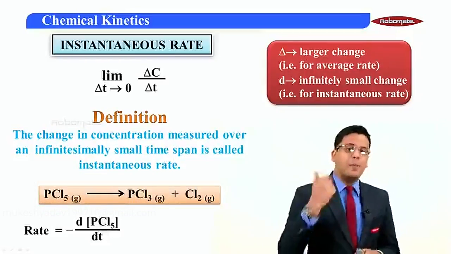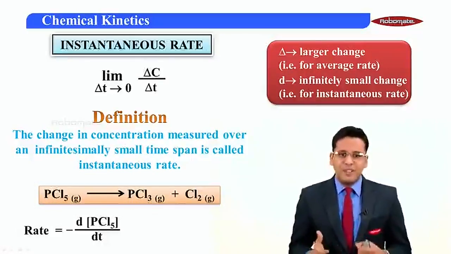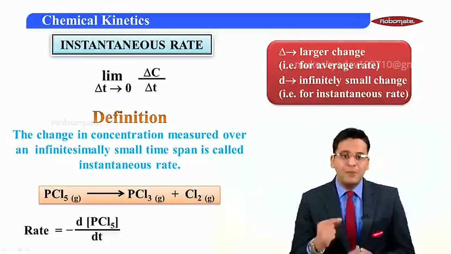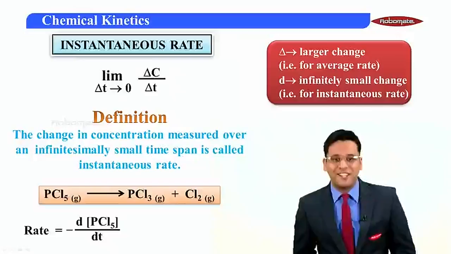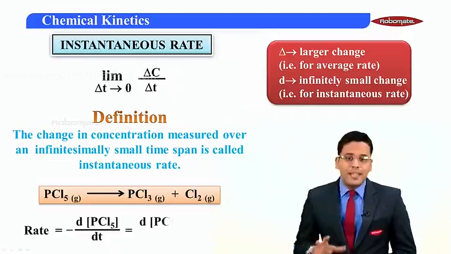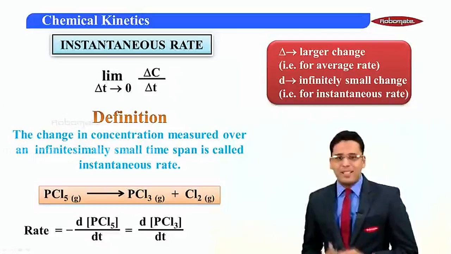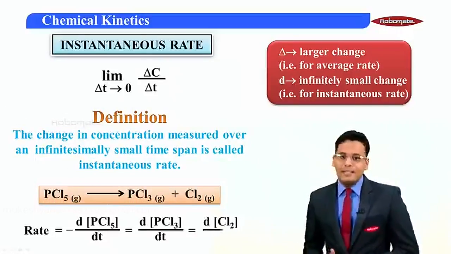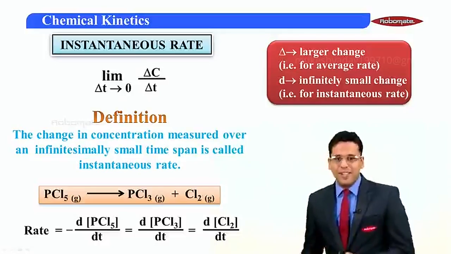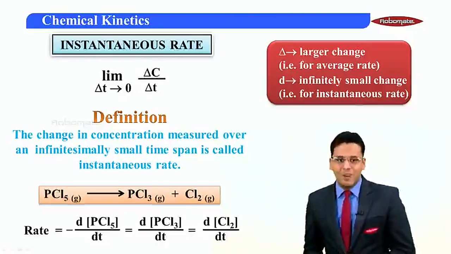Delta represented a big change. So essentially, I'm not changing the equation. It's just the terminology which indicates the magnitude of change. So the rate can also be written as d[PCl3]/dt or d[Cl2]/dt. So it's the same thing, just that your change is really very small.